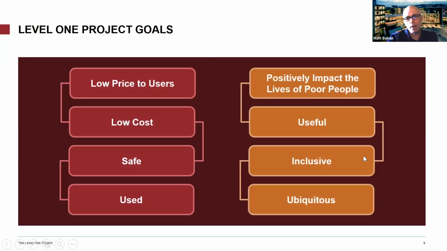So we'll talk about Level One, which is kind of our infrastructure-based set of principles that we believe are most likely to create and lead to a pro-poor financial services ecosystem.